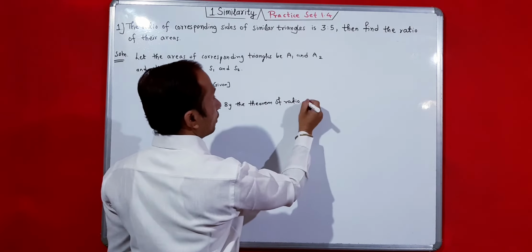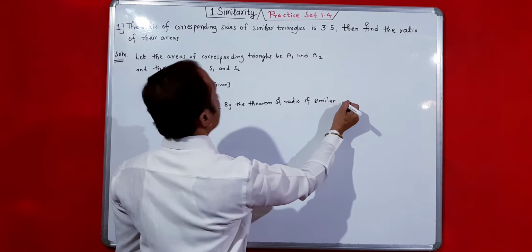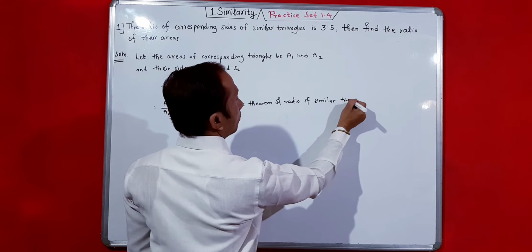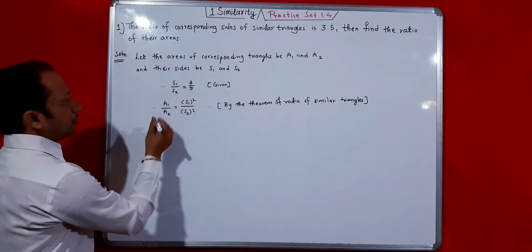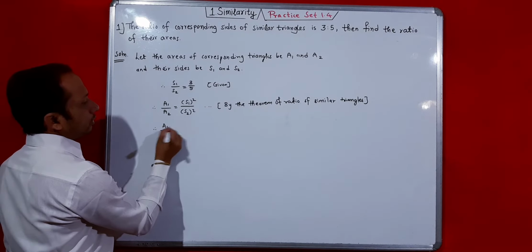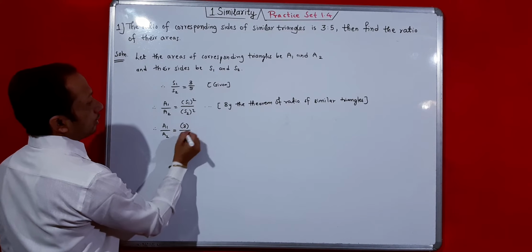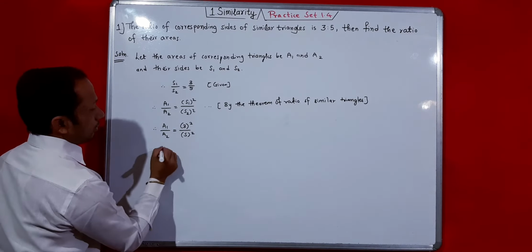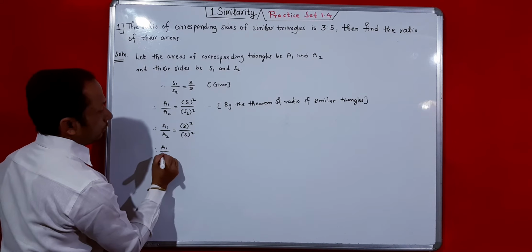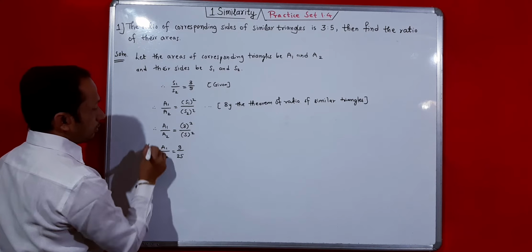This is given, so use this: A1 upon A2 is equal to S1 means 3 and S2 means 5, squared. Therefore A1 upon A2 is equal to 9 upon 25.